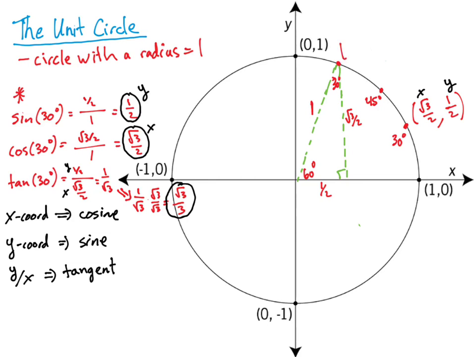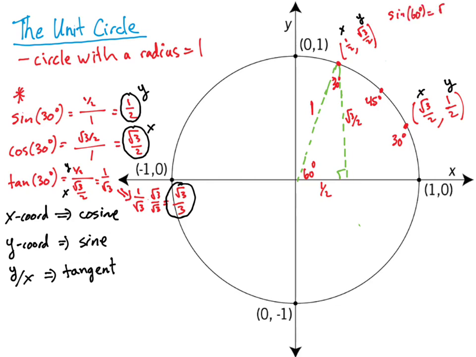Well, the horizontal coordinate is going to be 1/2. The vertical coordinate is going to be √3/2. Okay? And just like before, the x-coordinate corresponds to cosine. The y-coordinate corresponds to sine. So if we wanted to say, well, what is the sine value of 60 degrees?